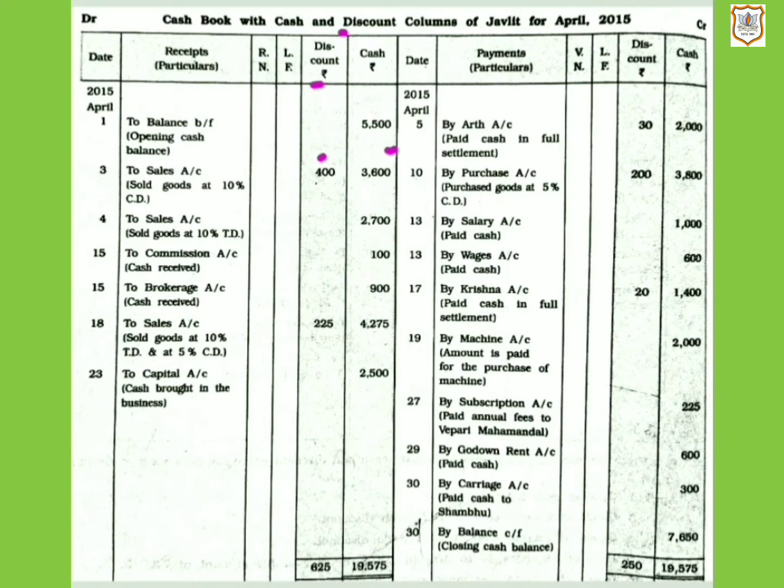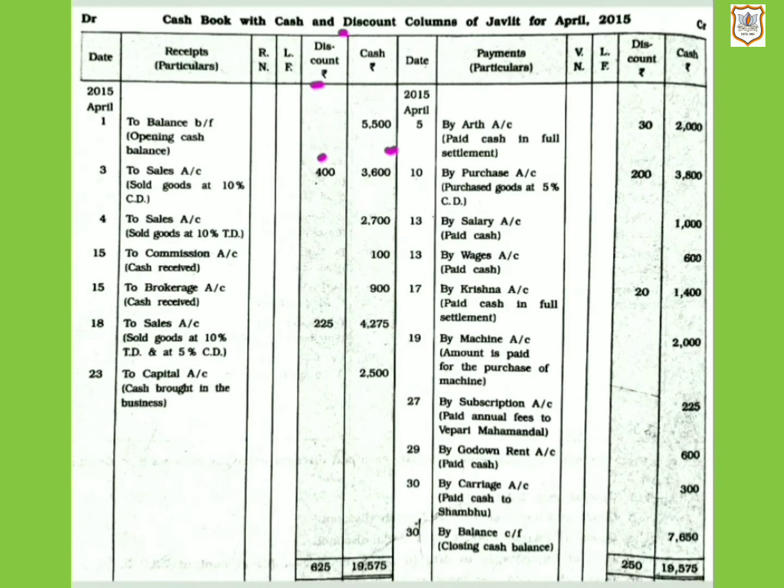Now, next transaction. Date 4th. Goods of rupees 3,000 sold at 10% trade discount. So here again we are selling goods and we are getting cash. So it will be recorded on debit side of cash book. But again, here we are allowing trade discount, and trade discount is not shown separately.